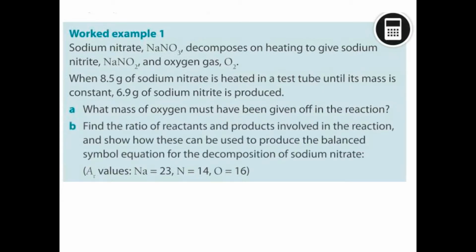And find the ratio of reactants and products, and then how these can be used to produce the balanced symbol equation. Now, for this one, we don't need our periodic table because you're given all the information you need, but it's always handy to have it with you. Once again, if you don't have one, go and get one, come back when you're ready.